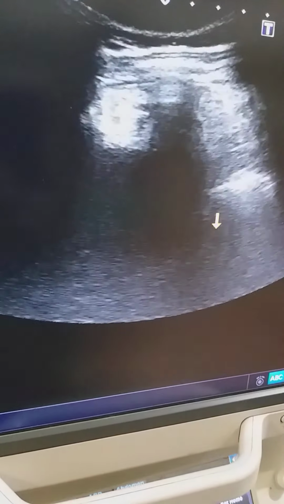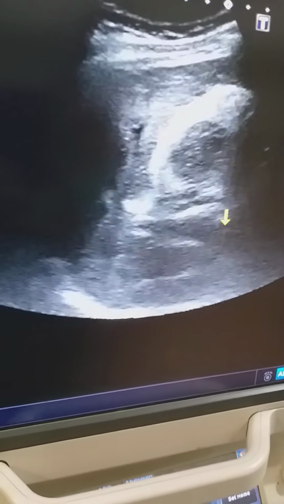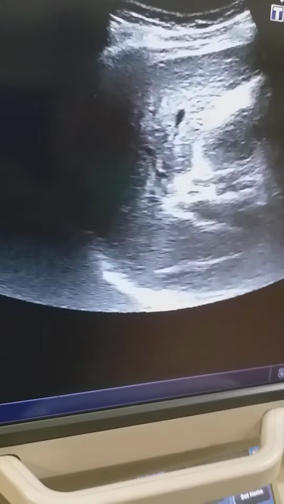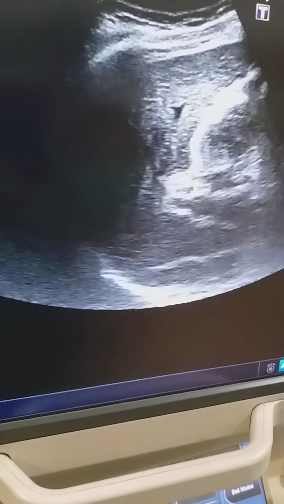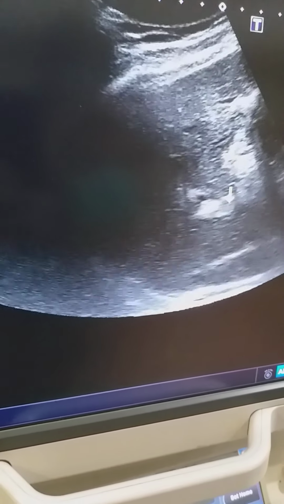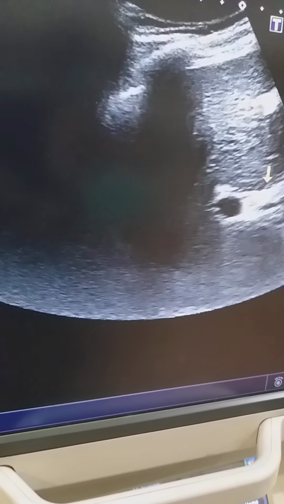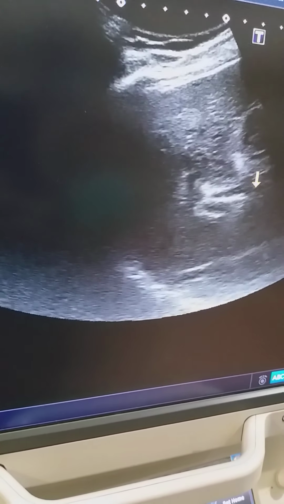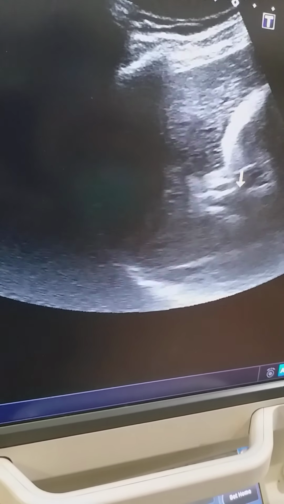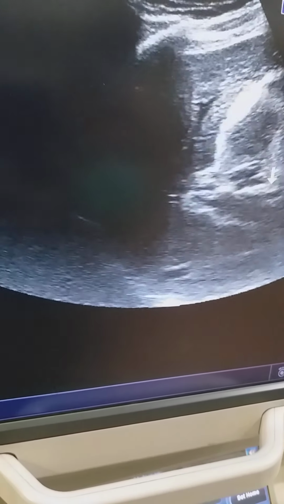And when we see that the liver is coarse with irregular margin, then we focus on the portal vein. What is the velocity of the portal vein? Does it have variation during the respiration, and whether the blood flow is forward, we call it centripetal, or it is reversed, we call it centrifugal.